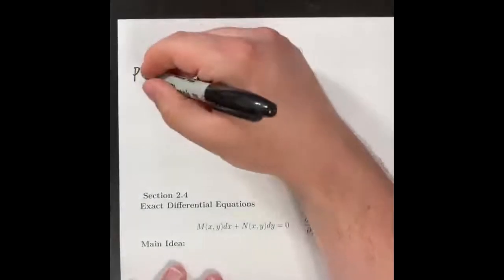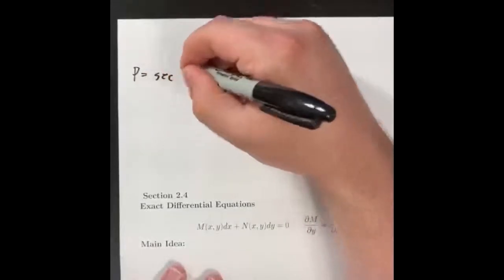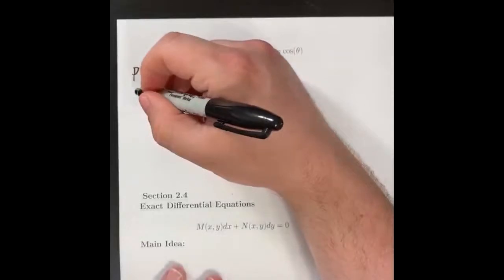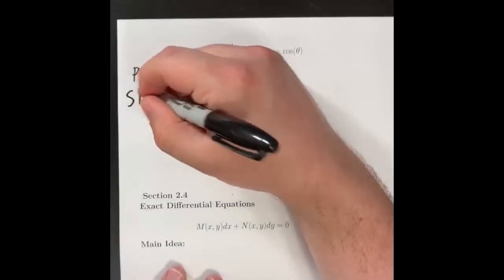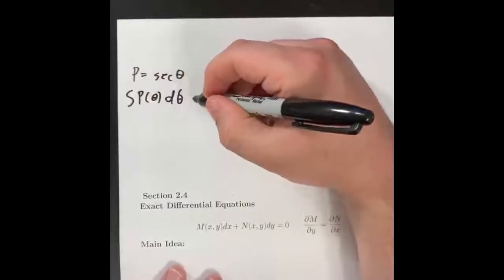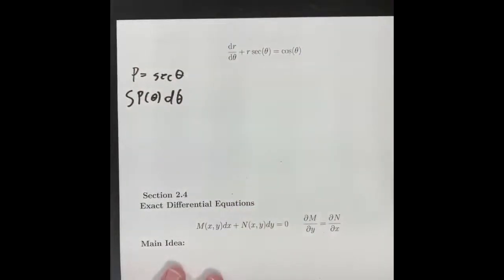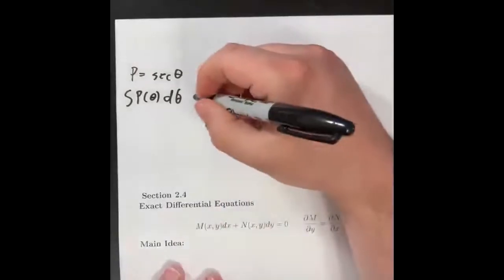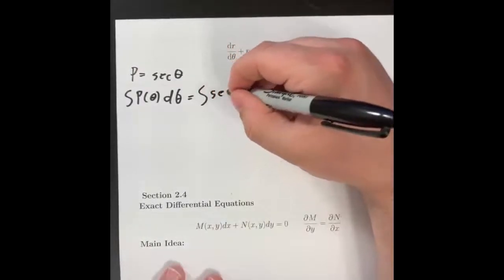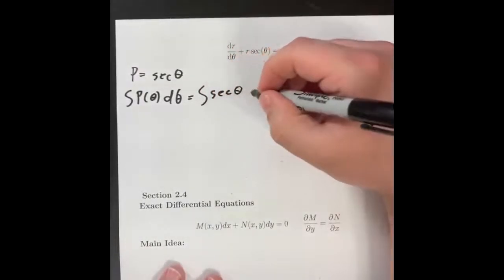So we need to find an antiderivative of p of theta d theta, which would be an antiderivative of secant of theta.